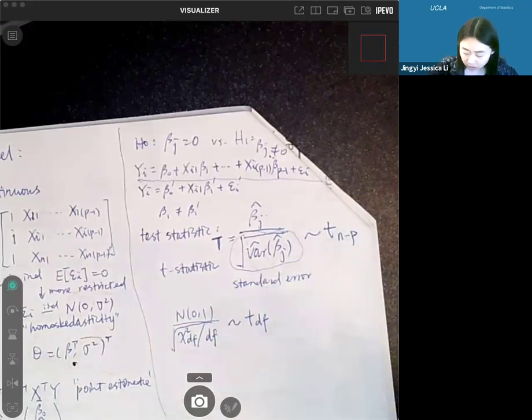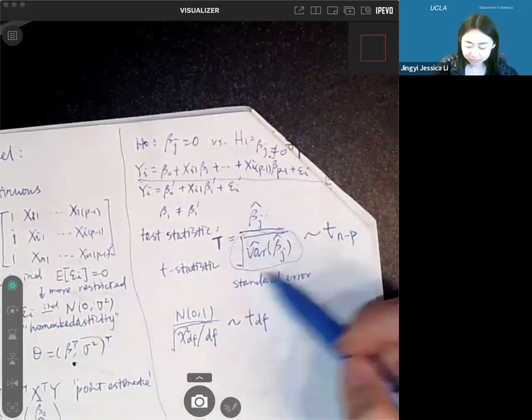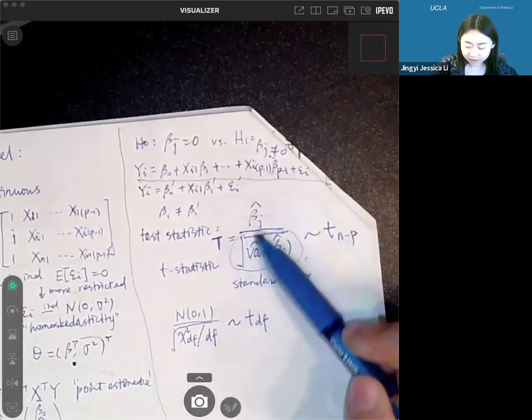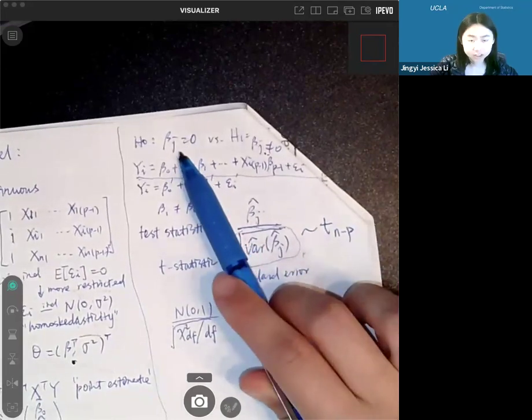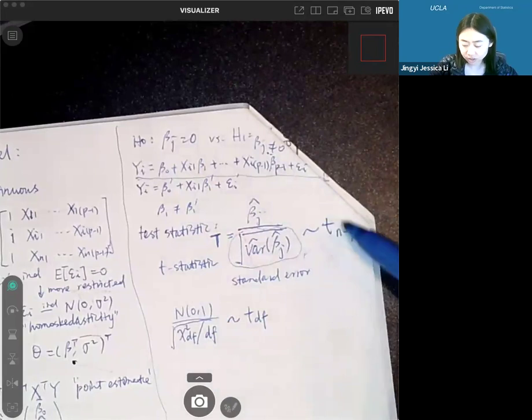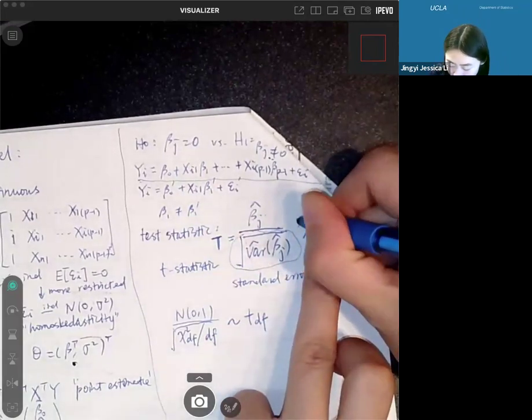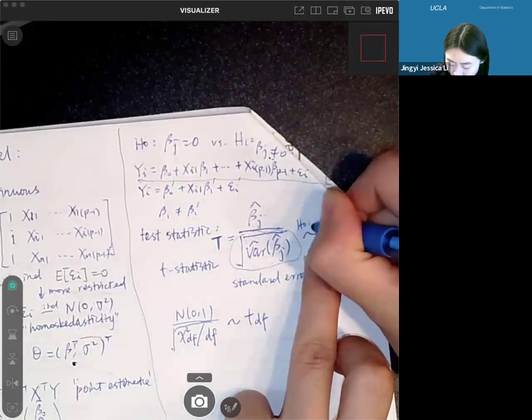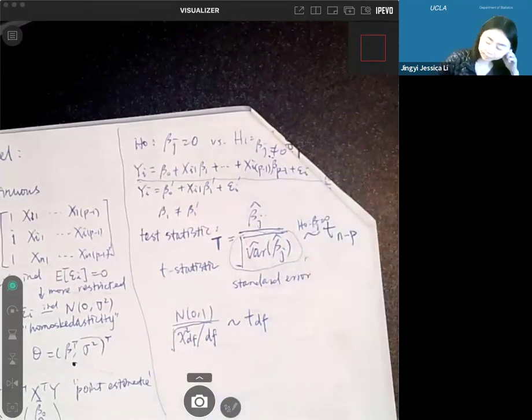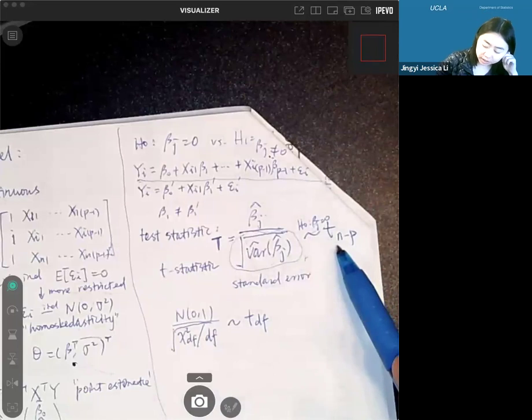But in practice, using the T distribution, we can derive the p-value for this test. The t-distribution holds under the null hypothesis, beta j0. We have the t-distribution, and from this we can get a p-value.